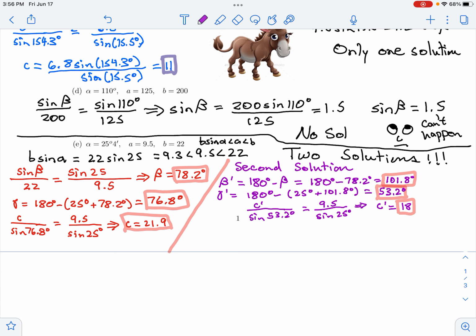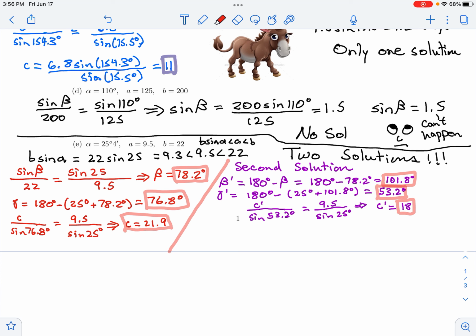So the very first thing we do is say beta prime equals 180 minus the previous beta. And when we do that, we get 101.8. Then I can get my new gamma because I've got my new beta. So I've got 180 minus the sum of 25 degrees and 101.8 degrees.